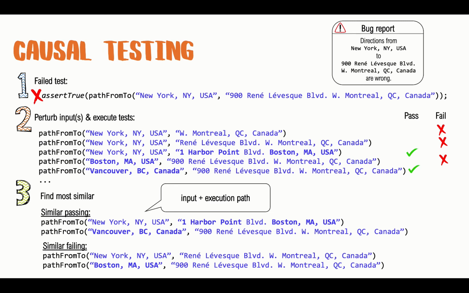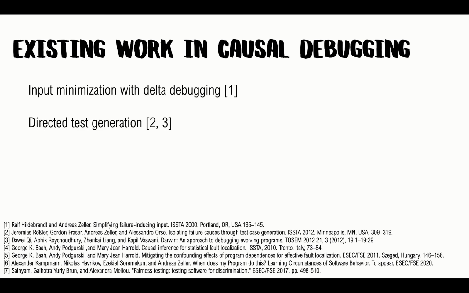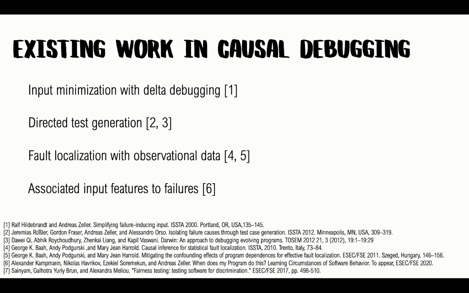While causal testing is novel, it is inspired by previous work in debugging. This includes work on input minimization with delta debugging, directed test generation, fault localization using observational data, and associating input features with program behavior.